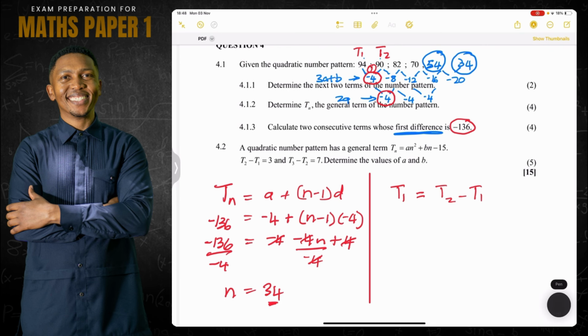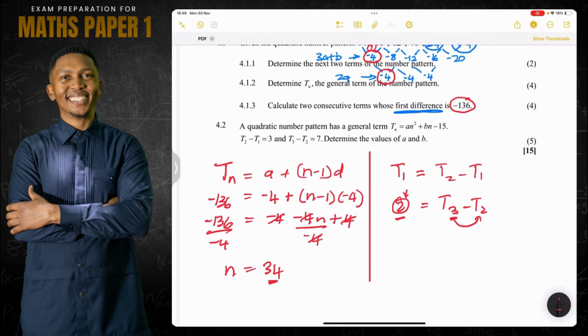The second term, I can get by saying this is T3 minus T2. Now, what am I trying to say? Whatever term number we are looking for, we will take the difference of the higher number minus the number that is exactly like the one that we're subtracting from.